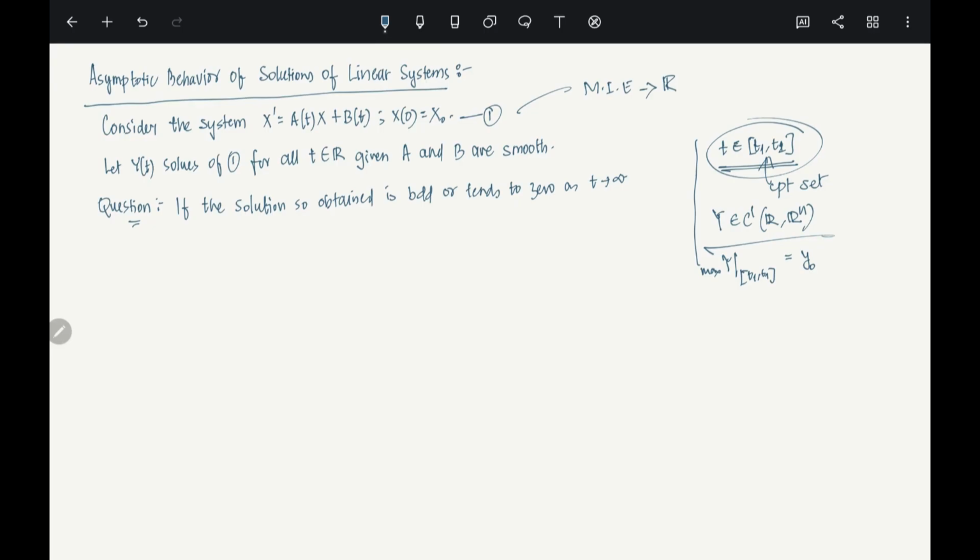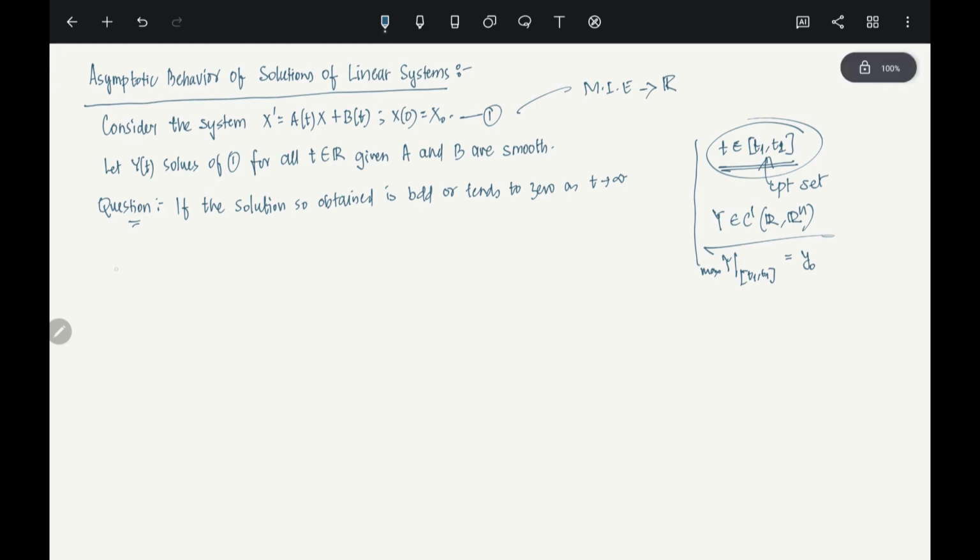Okay, so let's look at this. Our study will be like this. First of all, we are going to start with the constant coefficient equation, right? Once we know how to handle constant coefficients, we will go to the variable coefficient problem. So let's look at the constant coefficient problem first.